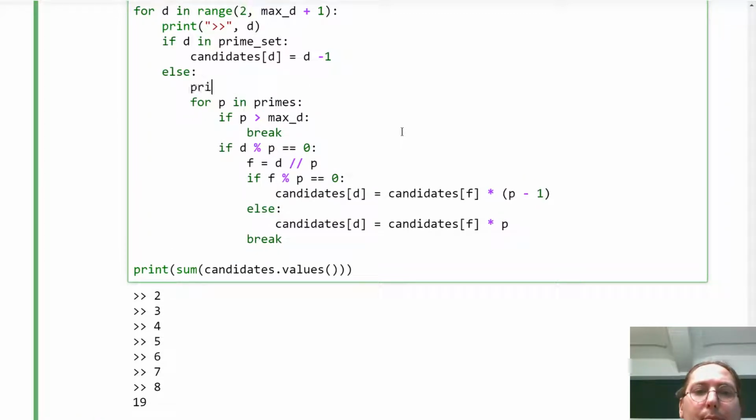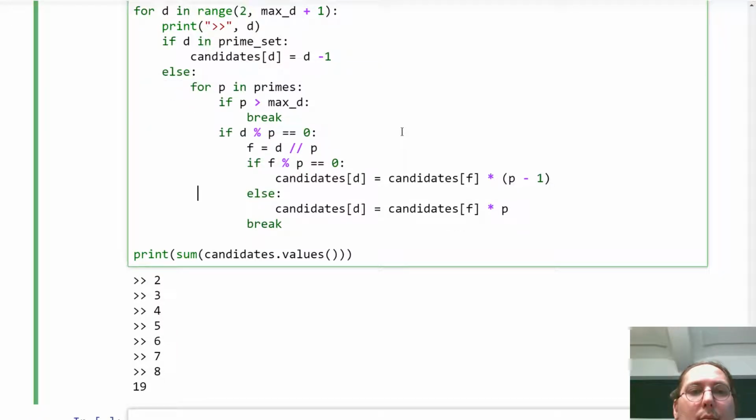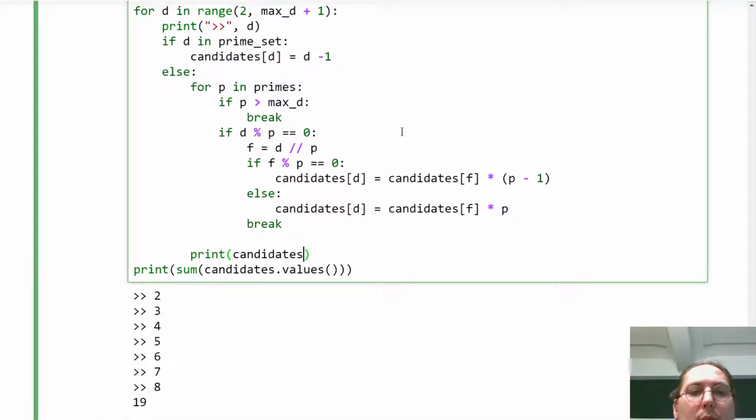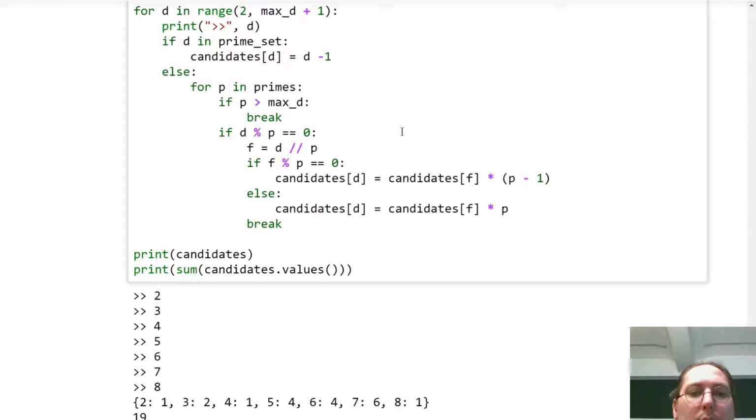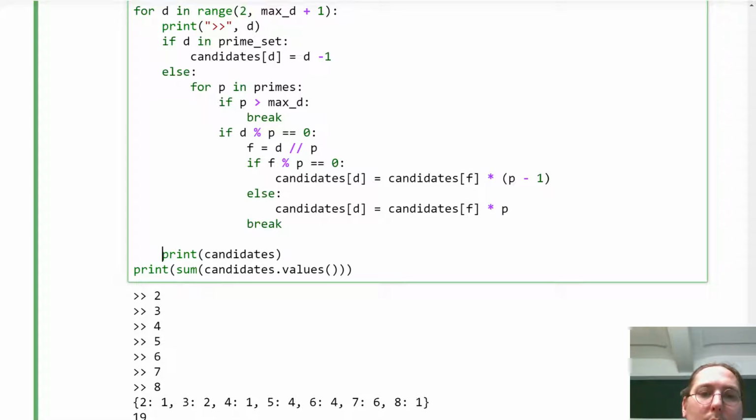How about here? Or at the end. No, I would say in the end, after the for P in primes. Maybe we can see how it's filled out. No, set it on the same level as for P in primes.